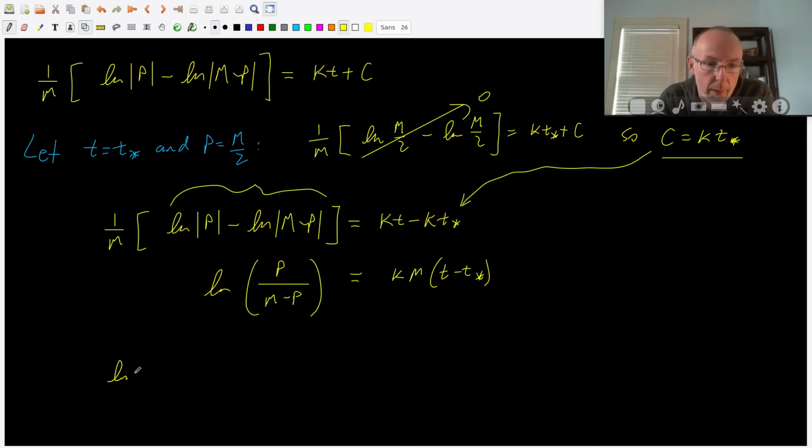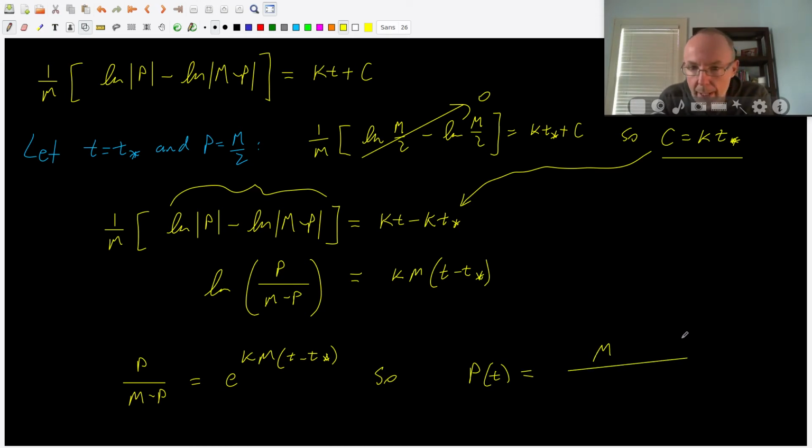So this tells us that, in fact, P over M minus P is equal to e to the k m times t minus t star. And t star is that moment when the population is exactly m over 2. And we can solve this. There's a bit of algebra here, but if I solve that for P, we end up with something that's kind of nice.